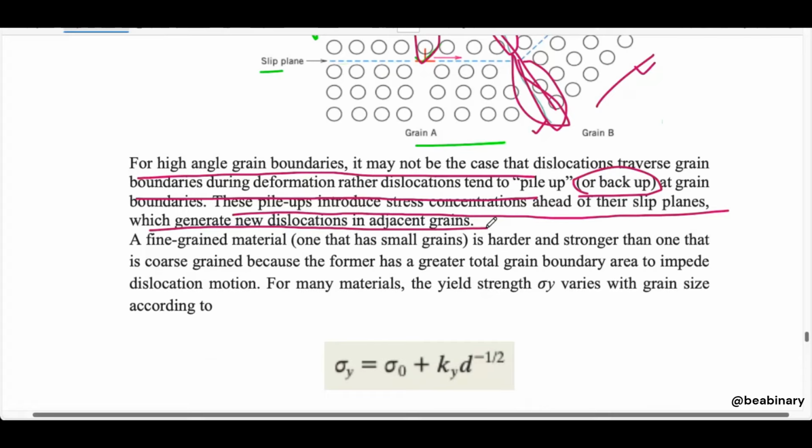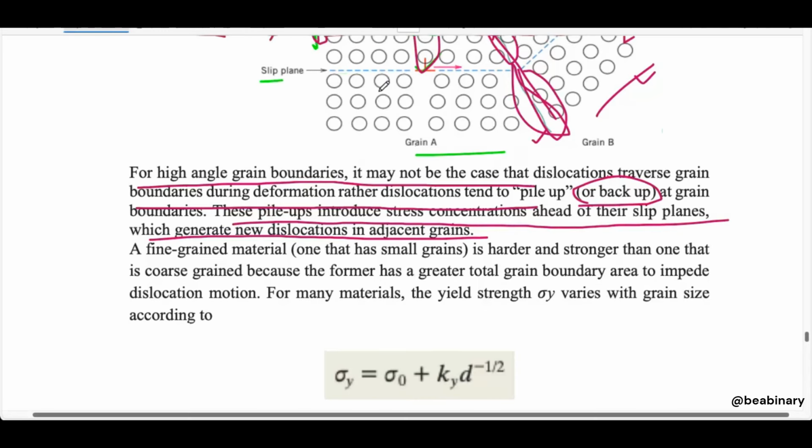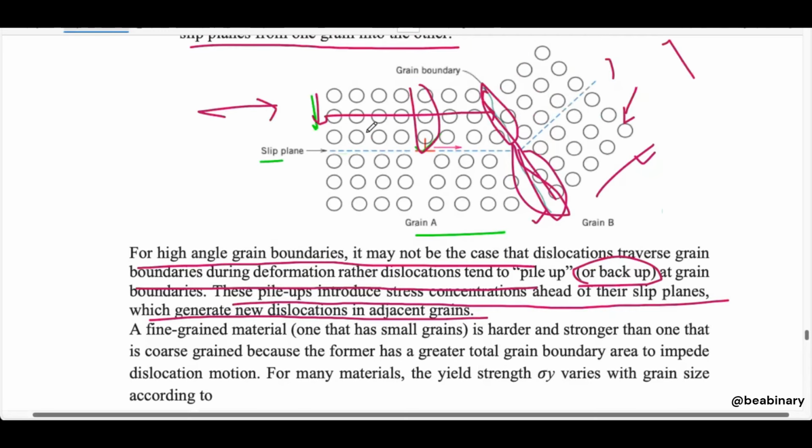So that will generate a dislocation in the nearby grain. Suppose in grain A there are dislocations moving and they come to the boundary. Now they have sat, and due to the collection of many dislocations here, there is more stress concentration, and that can generate new dislocations in the nearby grain.